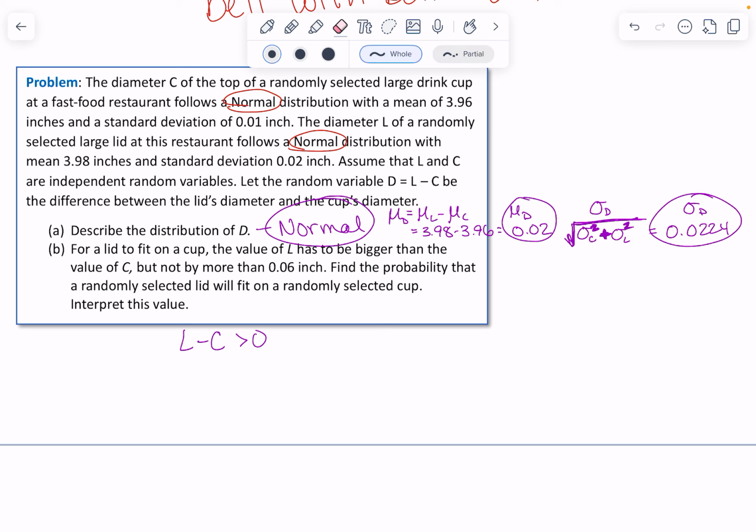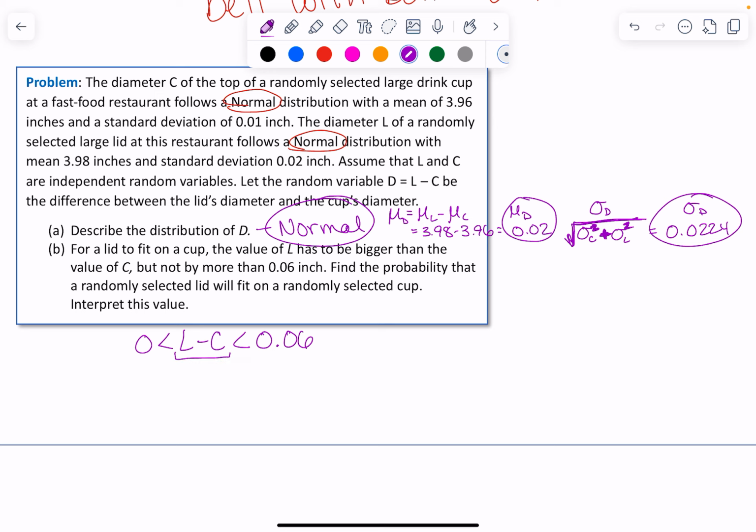So when we do L minus C, it has to be bigger than 0, but smaller than 0.06. I'm going to write the bigger than 0 over here, and the smaller than 0.06 over here. So all this is saying is when we find that difference, it's just between 0 and 0.06.